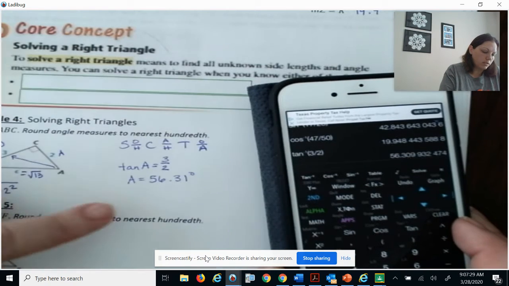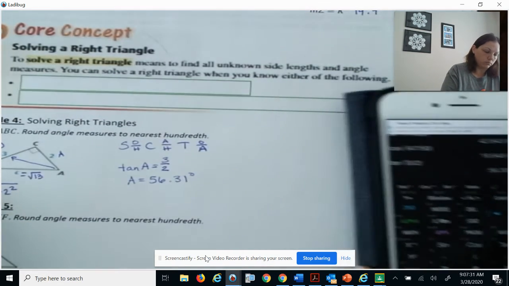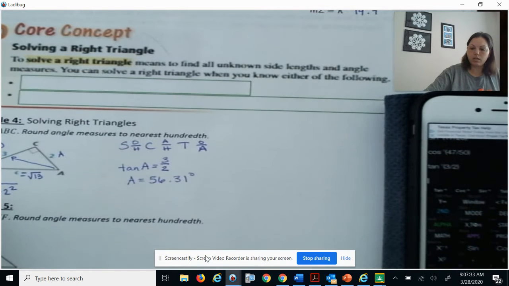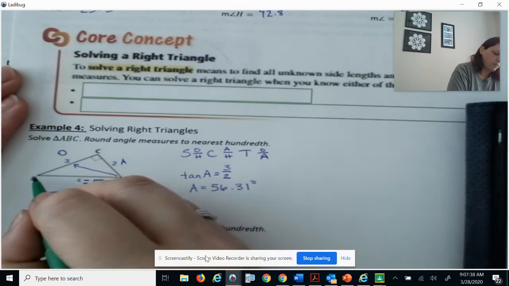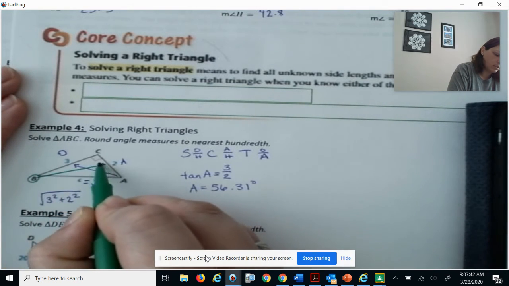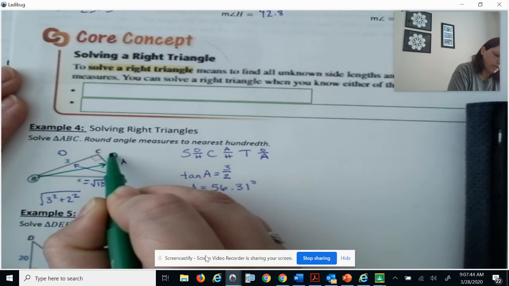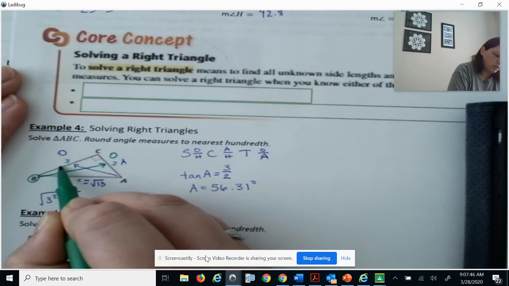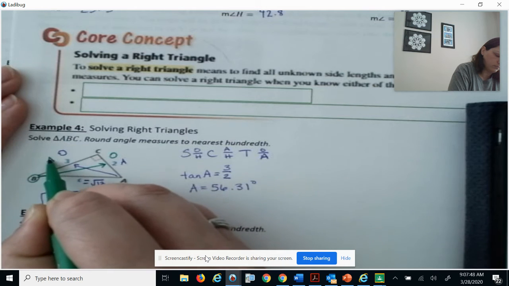Okay, now we also need to find the measure of angle B. So if we look at B, now, I know the opposite and the adjacent leg.